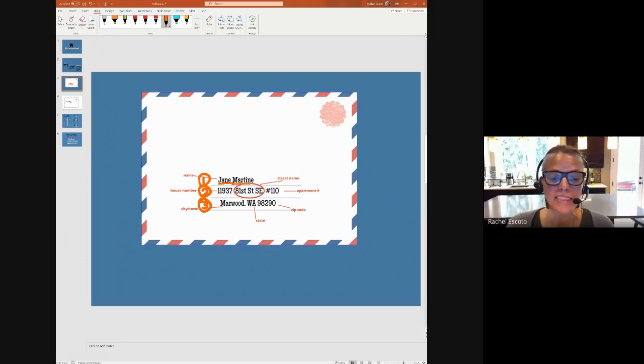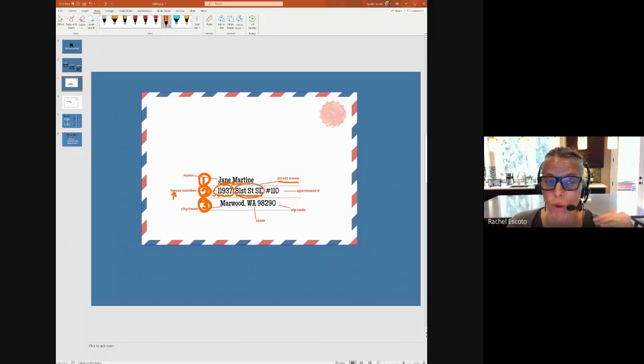Okay, on the second line, this is where we put the information about the building, the apartment, the house, the condo, the office. So we need a number, right? We call it a house number, but maybe it's building number, maybe it's apartment number, but this is what we call the house number. And then we give the street name. The street for this one is actually called 81st Street Southeast.